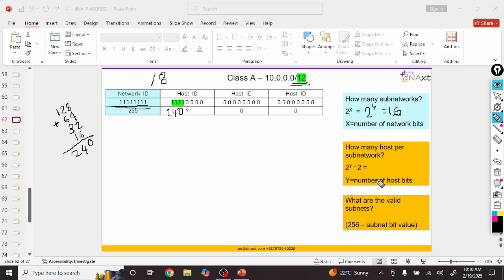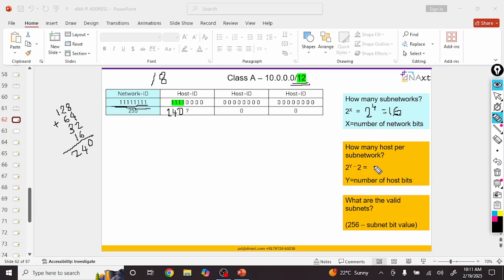Okay. How many hosts per subnetwork? The formula is 2 to the power y minus 2, where y is the number of host bits, and just now we discussed we have 20 host bits: 8 plus 8, 16, 17, 18, 19, 20, or 32 minus 12, 20.